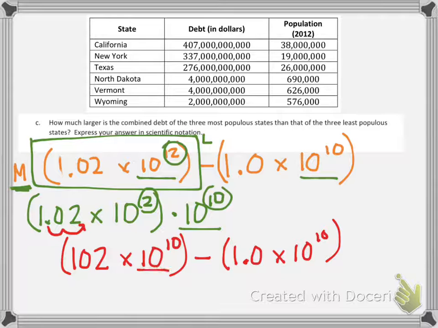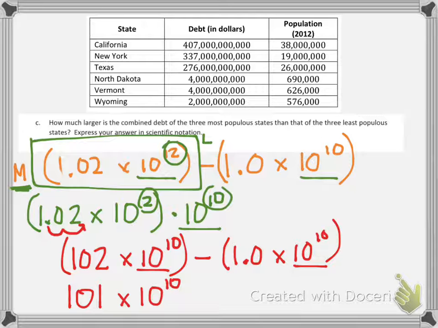And now, since my powers are the same, I can actually do the subtraction. 102 minus 1 would be 101. So now I have 101 times 10 to the 10th.